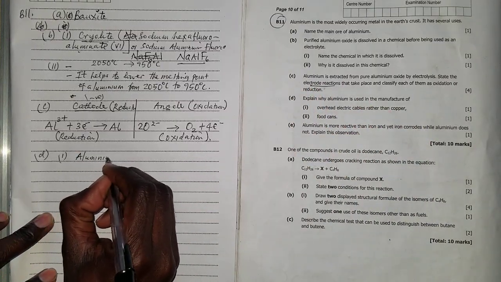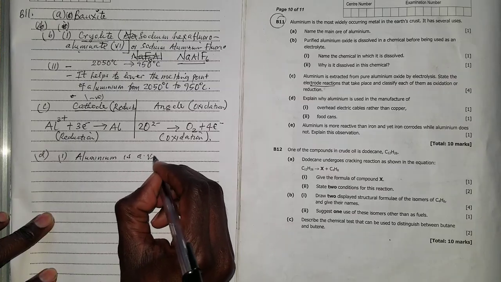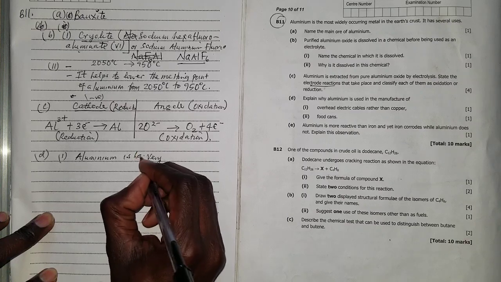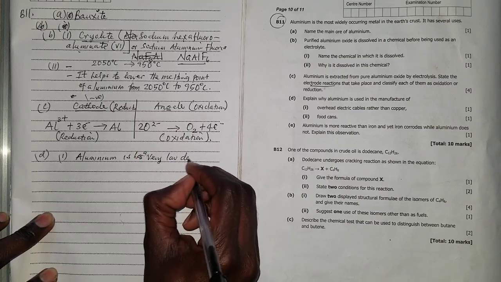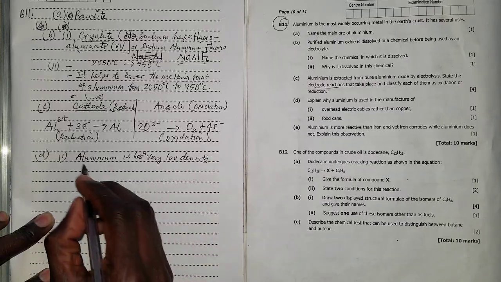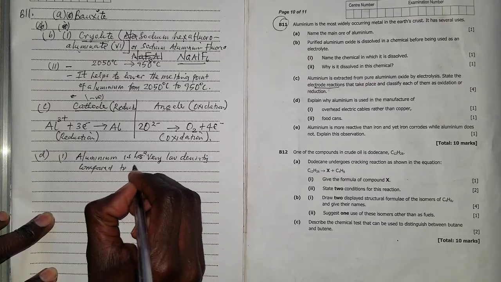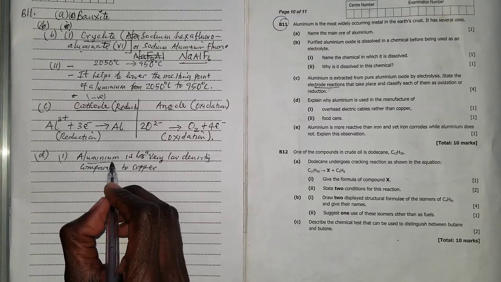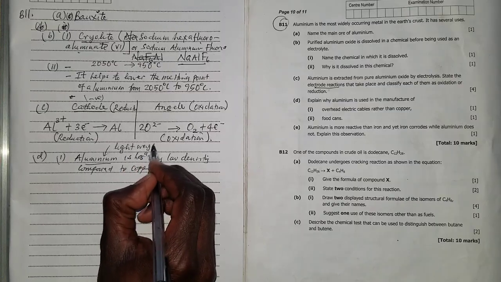In other words, aluminium has a very low density compared to copper. Because it has a low density, it simply means that aluminium is lightweight. So you can use it.